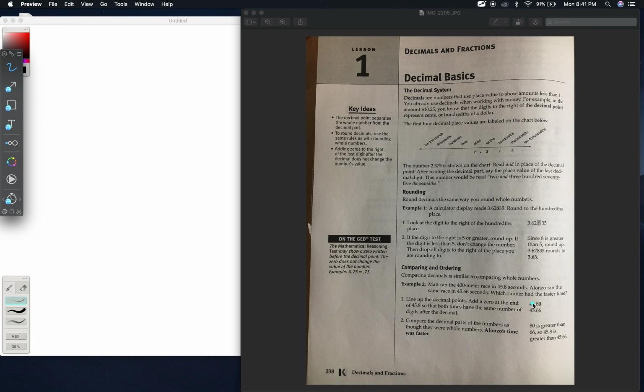So let's see, we have 45 and 45. Both numbers have 45 apparently. So we move to the right of that. The next number is 8. This number is 6. So the first number after the decimal point will tell you the size of this number here, okay?